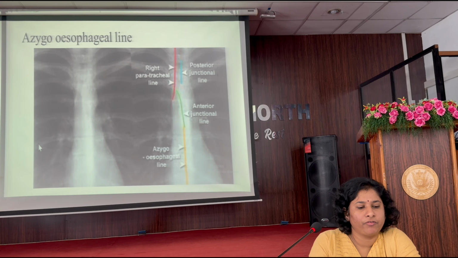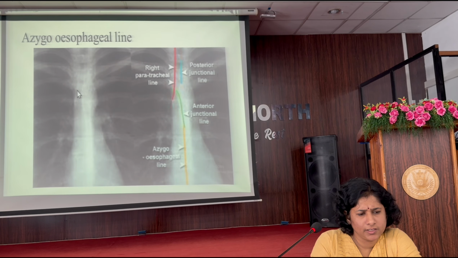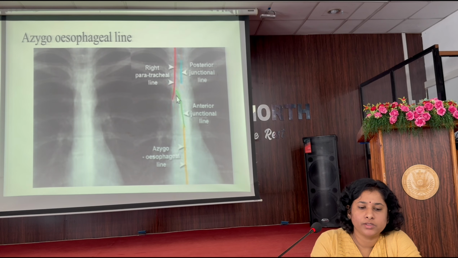Again, esophagus, this azygoesophageal line is an arbitrary line where we assume the path of the esophagus. It's usually from the T4 level coming towards the left side and goes up to the cardioesophageal junction.